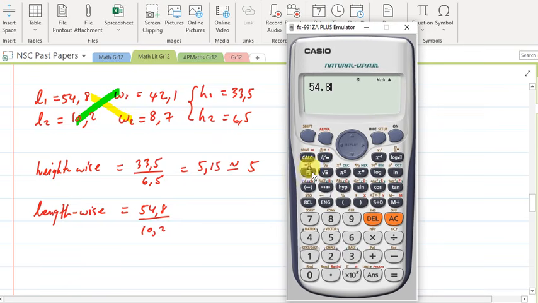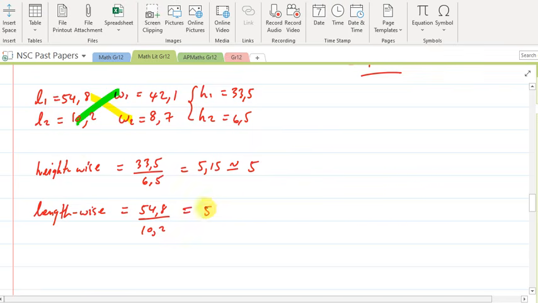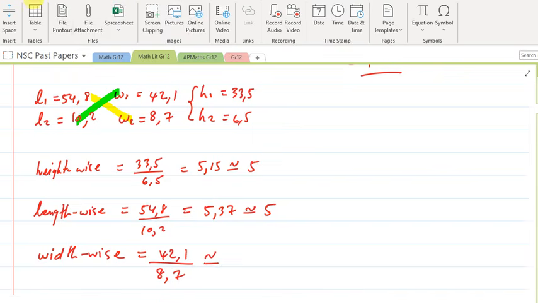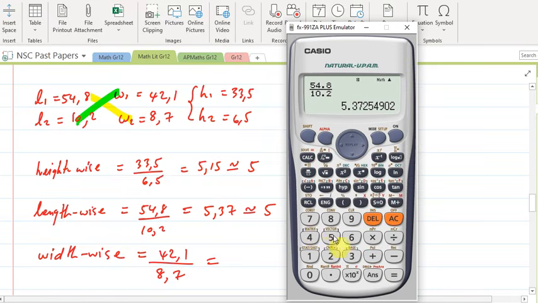Then widthwise, if I take 42,1 and divide by 8,7, see what answer I get. Should be equal to 42.1 divided by 8.7, and I am getting 4,84, so much wastage of space, which is 4.